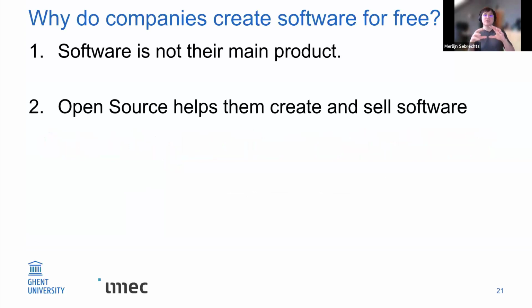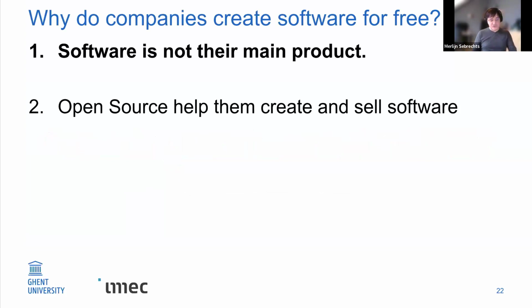Well, you can divide the reasons in two main categories. The first category is that software is not the main product of the company. The second category is that open source actually helps them create and sell software. So in the first category, software is not the main product.